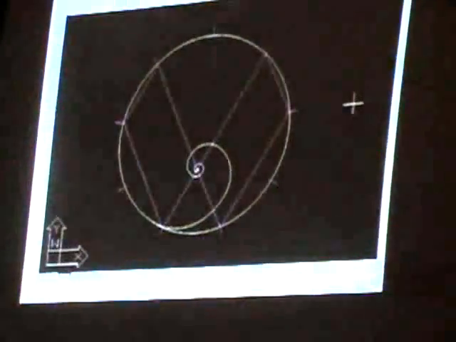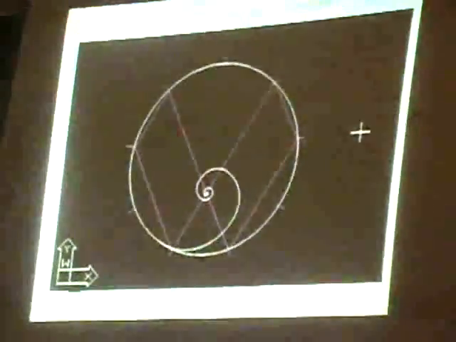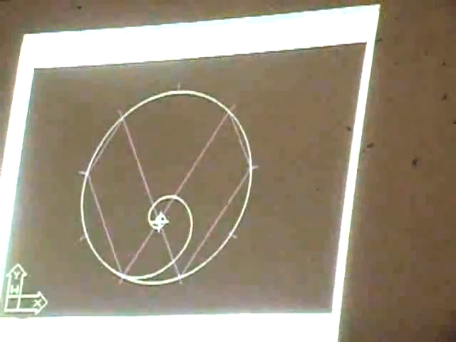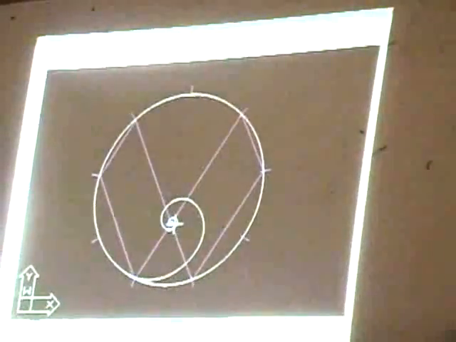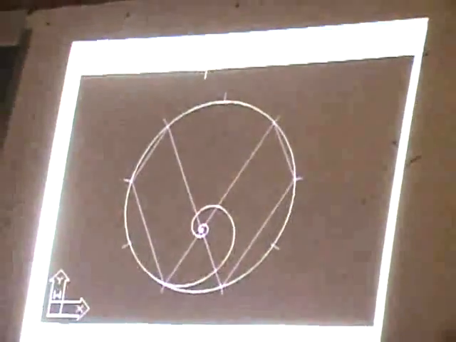With the CAD program, I was able to reproduce it. And sure enough, it turns out that the spiral vortices intersect exactly where what you call your emanation point is, which is not in the middle of the sphere, either.